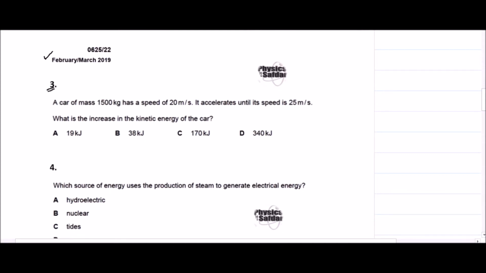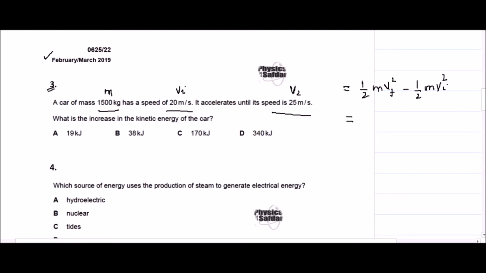We have mass of the car, initial speed of the car, and final speed of the car. You need to calculate the increase in kinetic energy, that is equal to half m times the final velocity squared minus half m times the initial velocity squared.